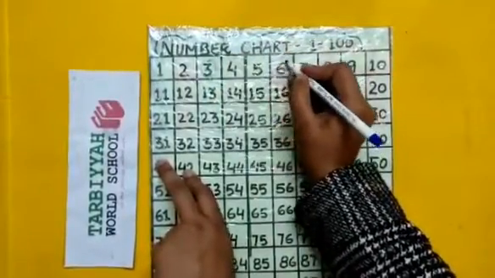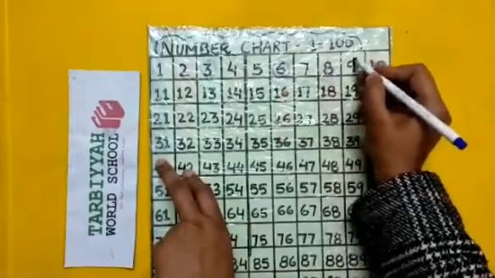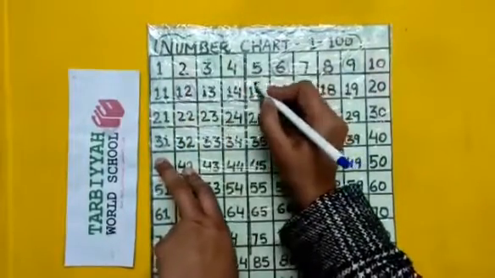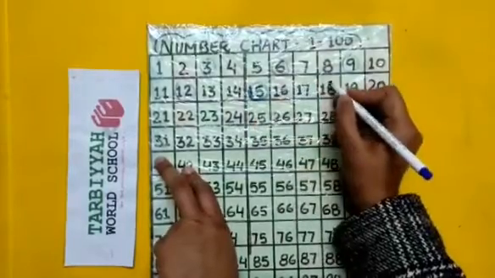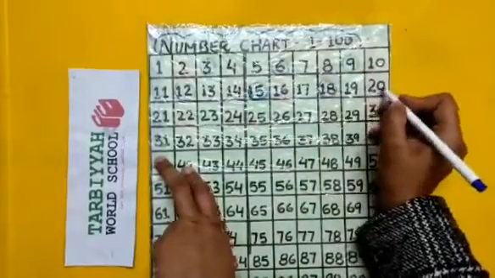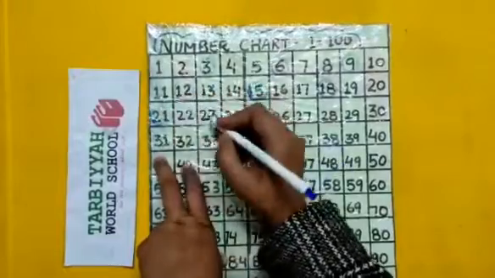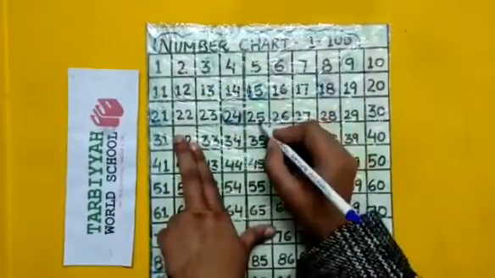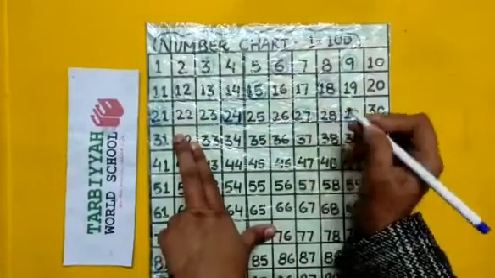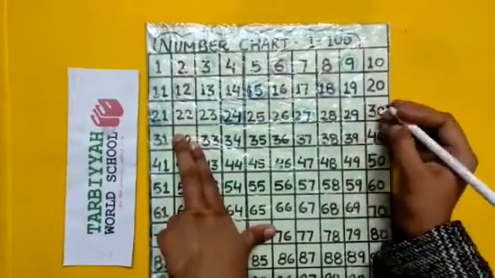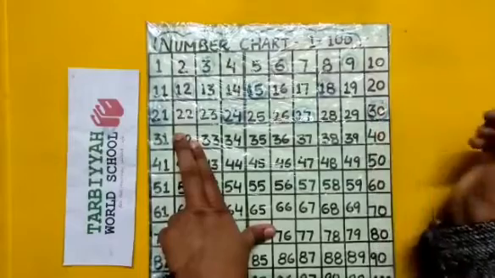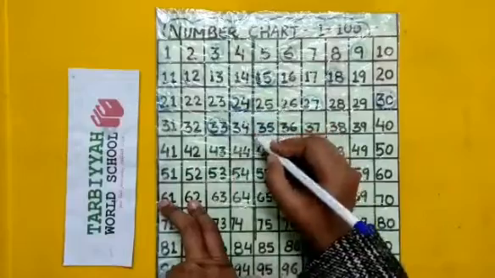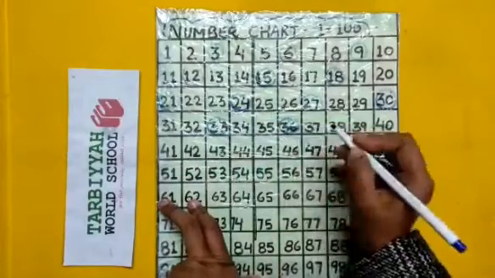4, 5, 6, 7, 8, 9, 10, 11, 12, 13, 14, 15, 16, 17, 18, 19, 20, 21, 22, 23, 24, 25, 26, 27, 28, 29, 30, 31, 32, 33, 34, 35, 36.